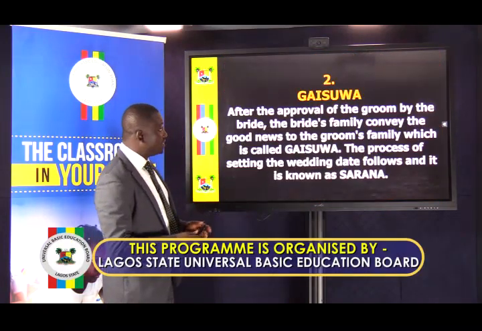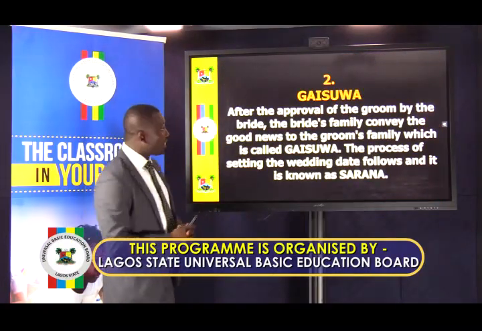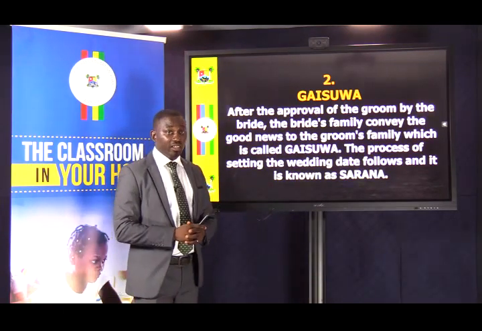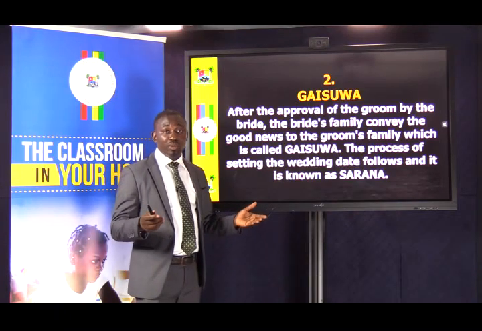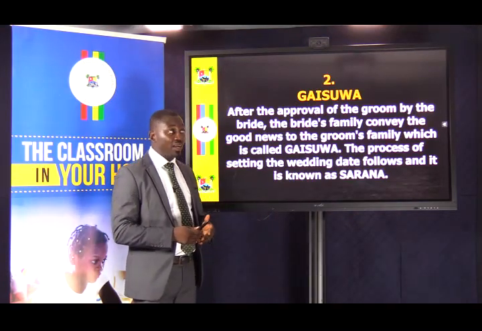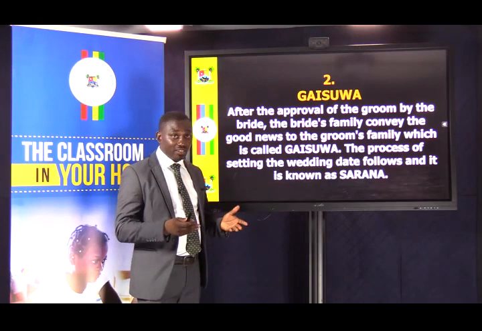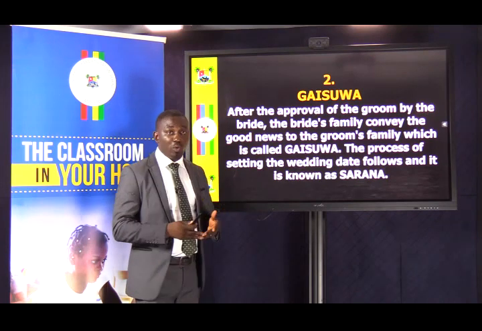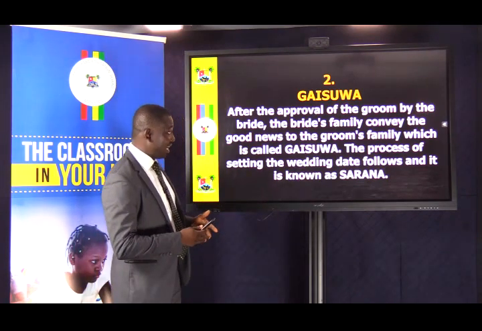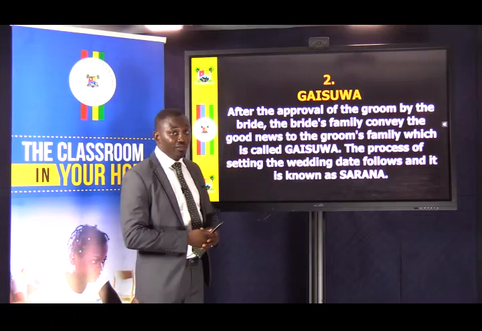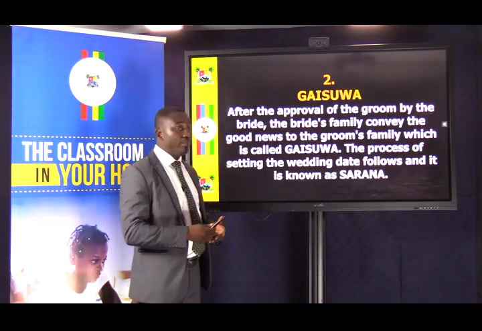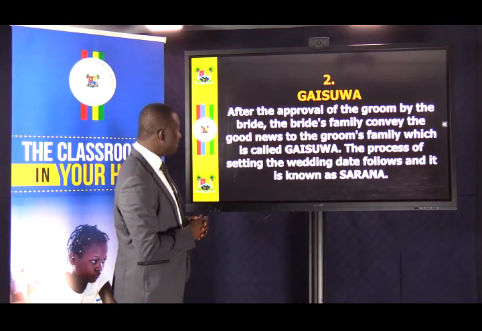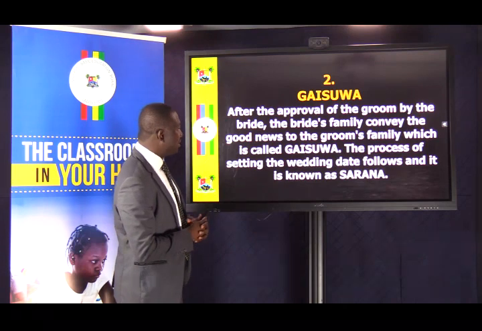After the first stage, the second stage is the gaisuwa, which comes after the approval of the groom by the bride. After the groom has made his intention known to the family and the bride has accepted and told her parents that she is ready to be a wife to this man, the family of the bride will send a congratulation message to the groom's family that the bride has accepted to be joined with the man.